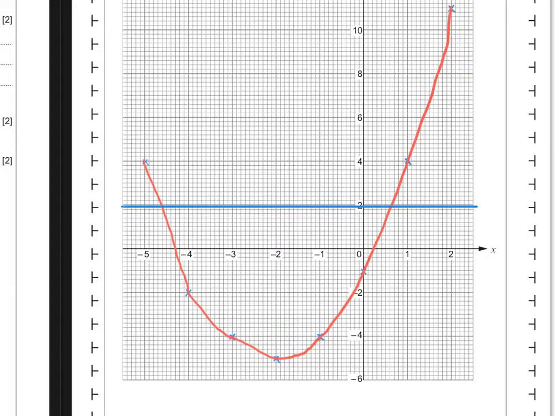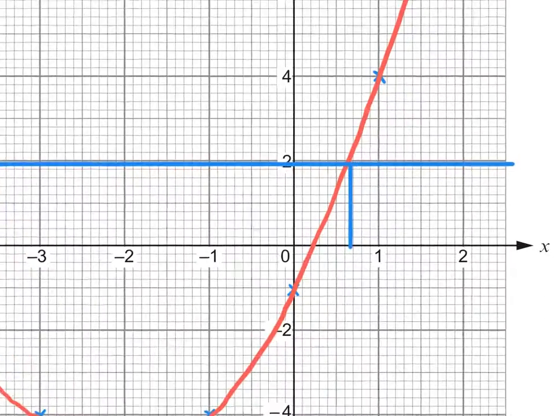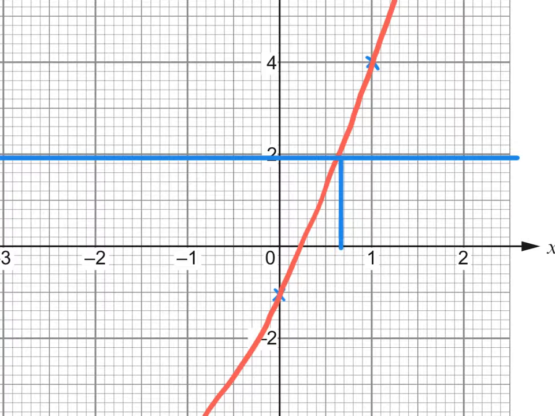So again, I'm looking at the points here and over here as well. You need to be as accurate as you can based on the graph you've got in front of you. If we look at these points here, I've been able to zoom in using my iPad. You can see my line's a little bit off, but you've got to be as accurate as you can.